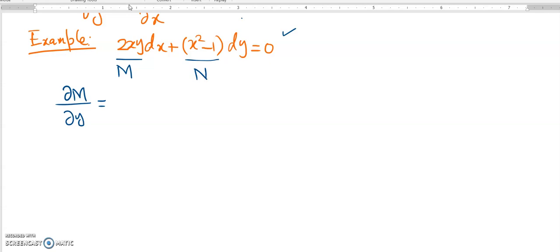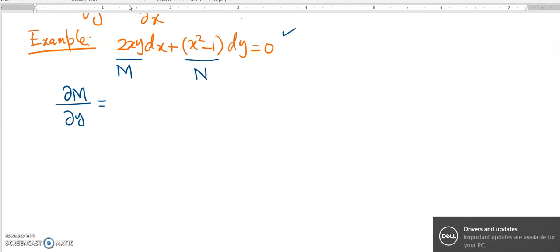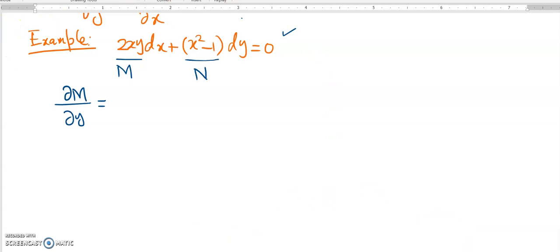When you take a partial derivative of a function, you consider the variable with respect to which you are taking the derivative. For example, M is actually a function of x and y, by definition. So if you are taking the derivative of M with respect to y, then in that situation you will consider x as a constant.